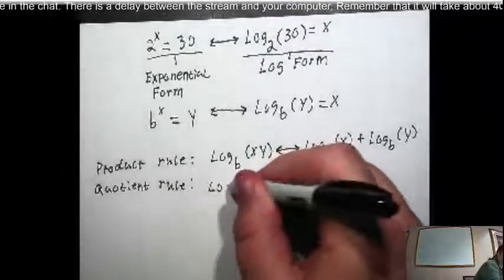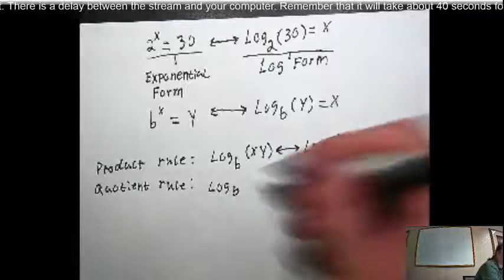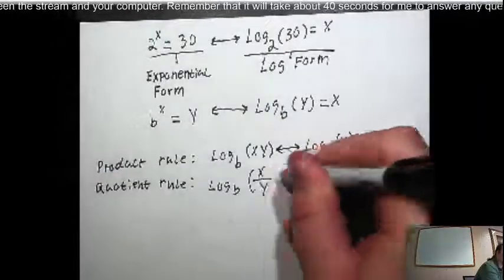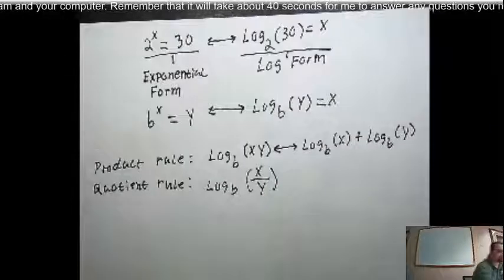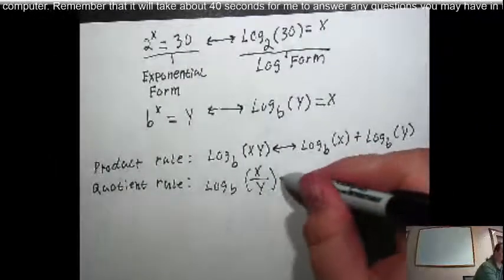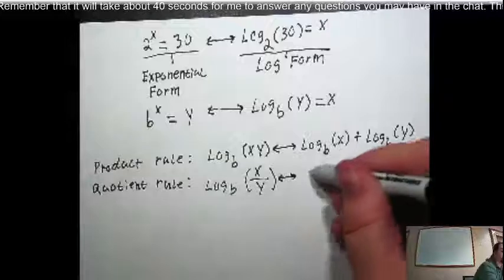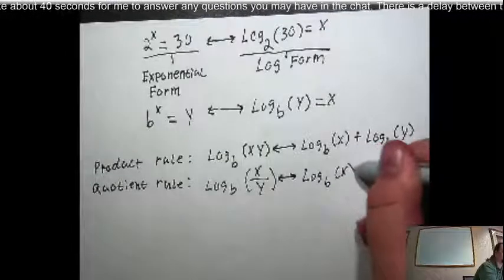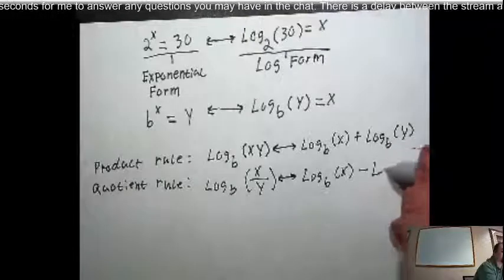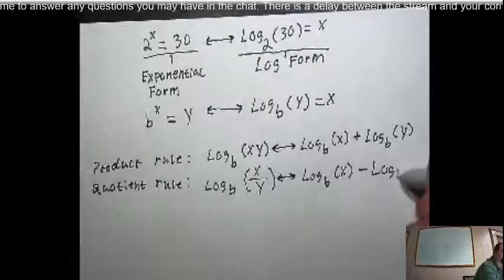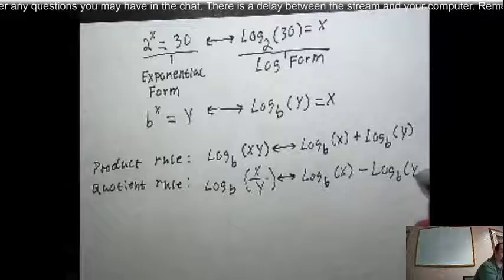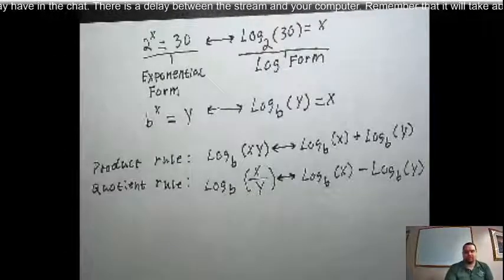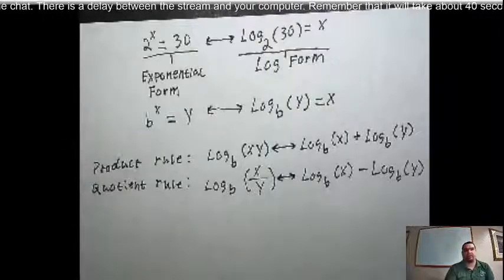If we have the log base b of x divided by y, so again, two things that are dividing, we can rewrite this as log base b of x minus log base b of y. Again, it's exactly like our power rules. Okay, next one.